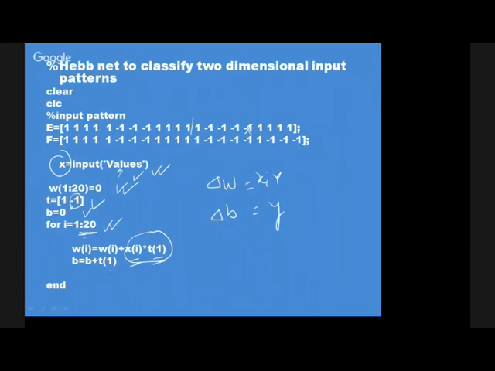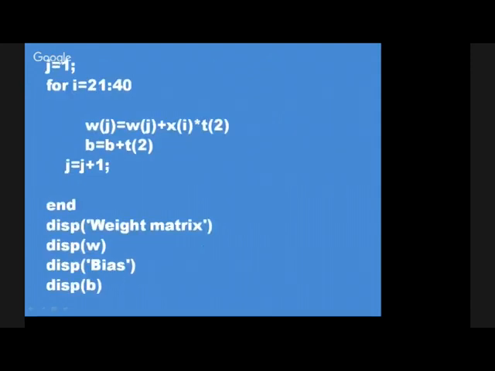So this is our delta B, this is your old B, and this is your new B. Similarly, this is your new W, this is the old W, and this into this is your delta W. We will do that one by one, and finally we will get it for 21 to 40.